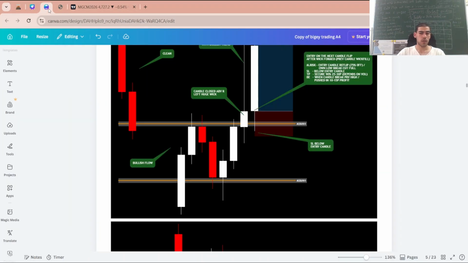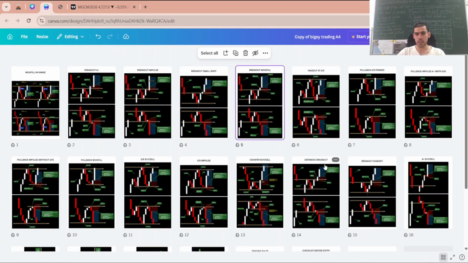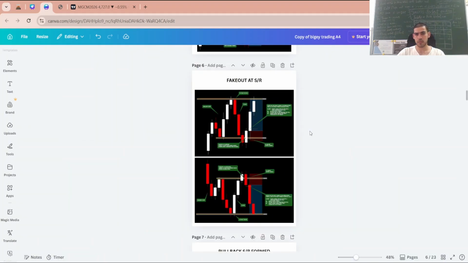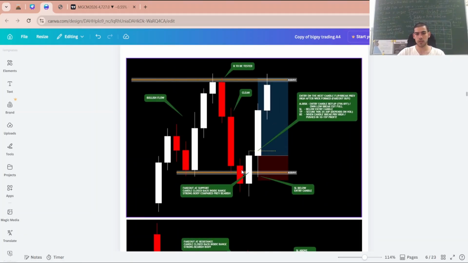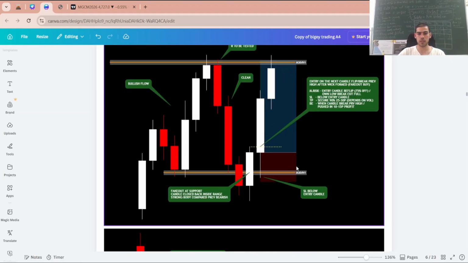So let me show you what types of fake out we have, and then I will go into the examples. Alright, we have here some fake outs. This is the simplest one, fake out at support and resistance. You can see that the candle closed below, then a big body candle closed above.